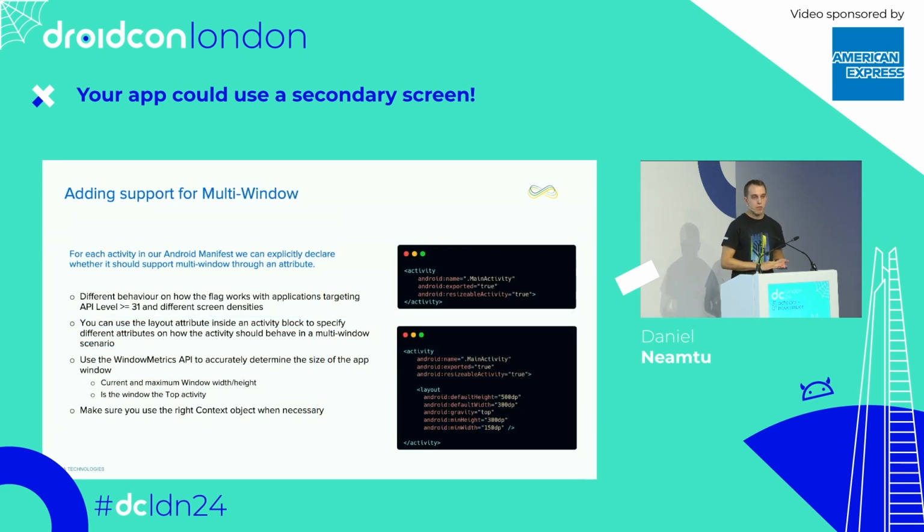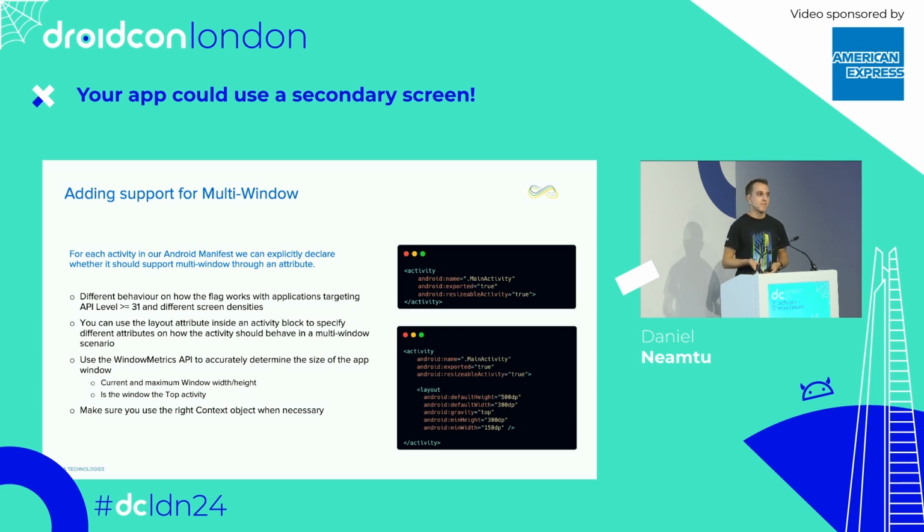Now, if we have to talk about a little bit of coding, or just a couple of things to keep in mind when talking about supporting multi-window. Multi-window has been around on Android for some time now. It is actually supported by default on every Android application. There is a specific attribute which you can use inside the Android manifest, called resizable activity.